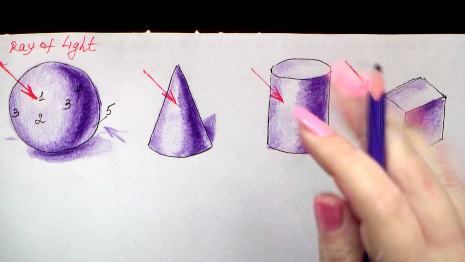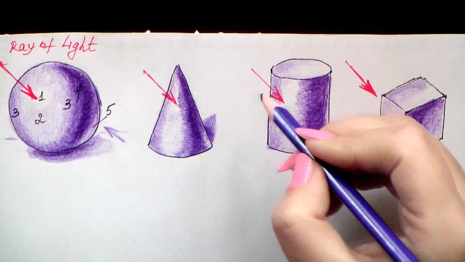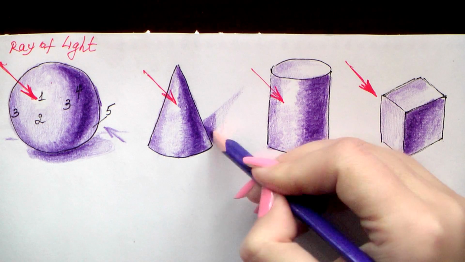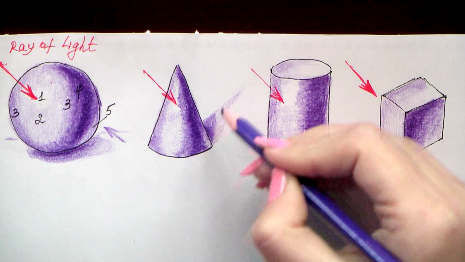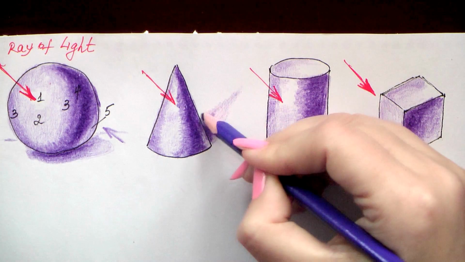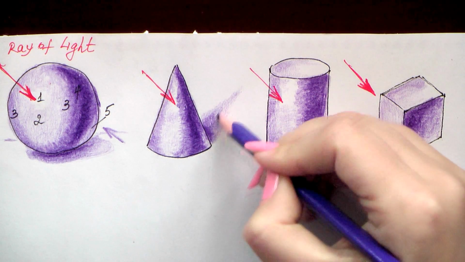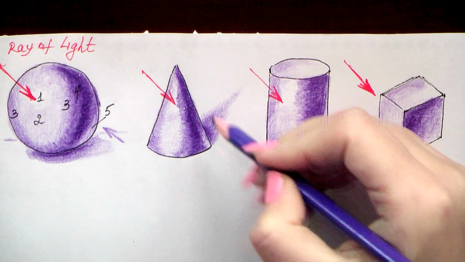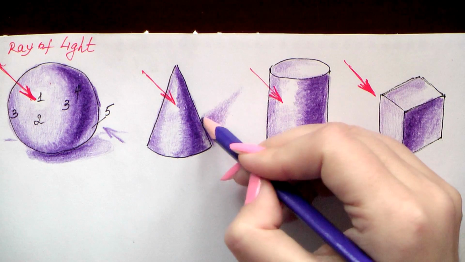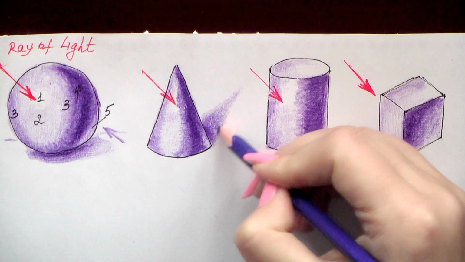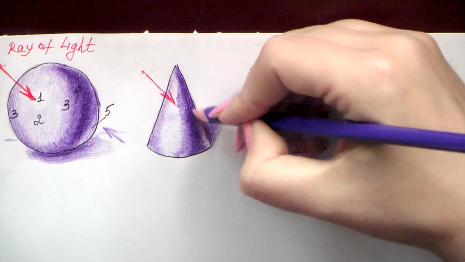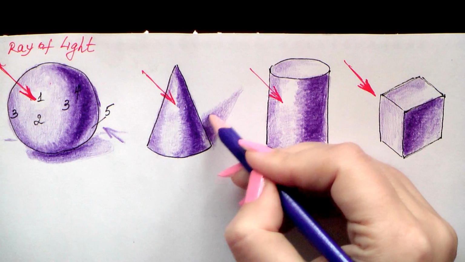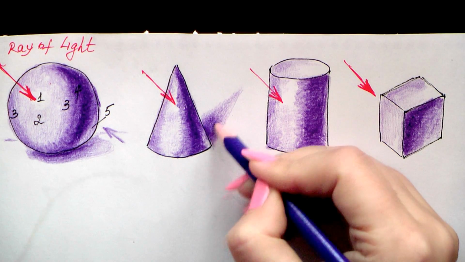And at dawn or at dusk, the shadows are longer and more smooth. If we have clouds in the sky, the shadows also will be smooth. And if we have sun, then more straight lines, straight borders.